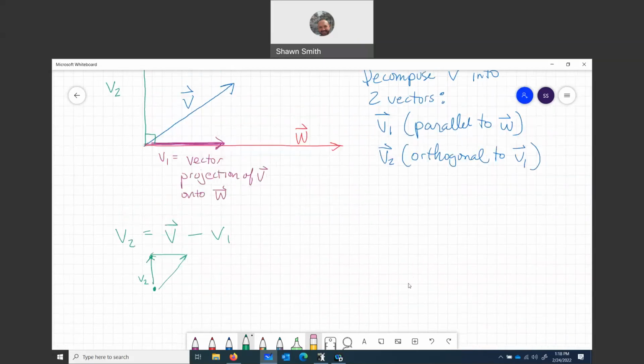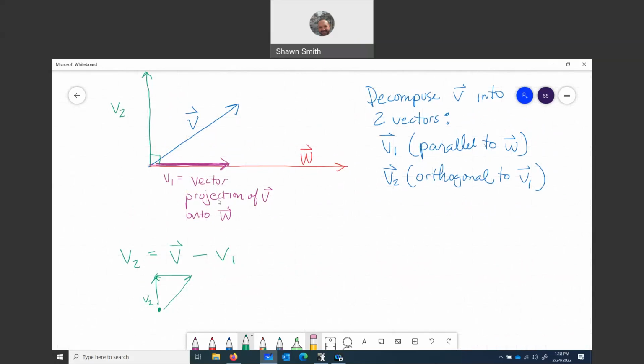All right, so let's figure out how we're going to initially figure out what V1 is. V is formed by V1 plus V2, right?